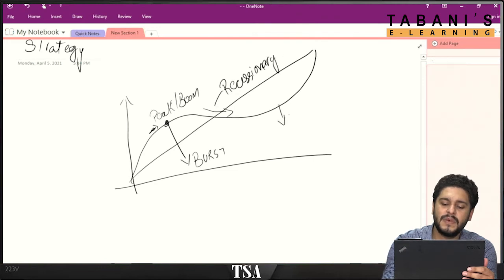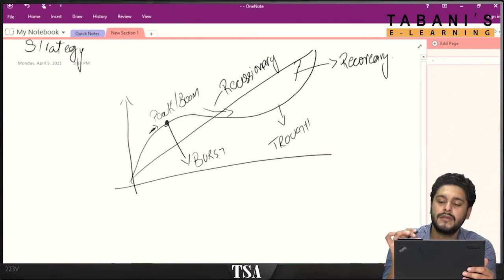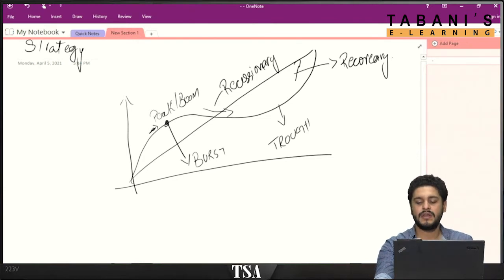The lowest part is known as the trough, and again an incline will be regarded as the recovery phase of an economy. Now, I have made an economic cycle of an economy.